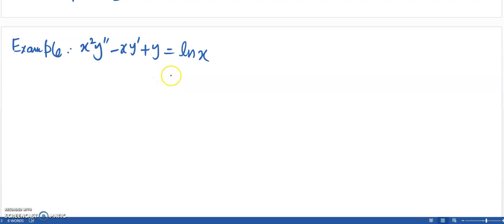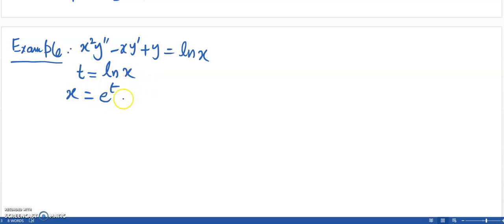substitution. So the substitution over here is that we assume t is equal to log of x, and then this will mean that e to the power t will be equal to x, so x will be equal to e to the power t.